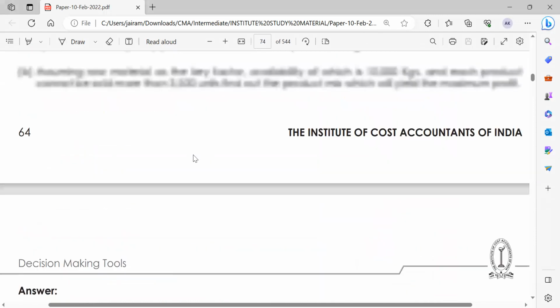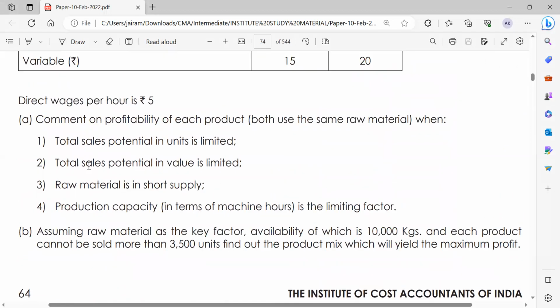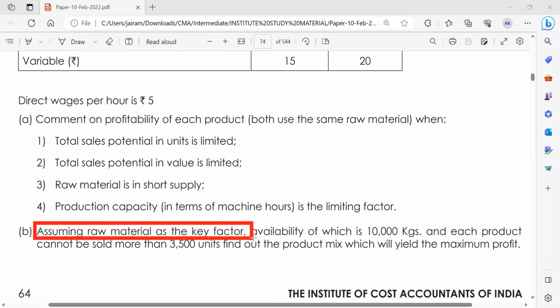Now this is one. The second one is your problem one, A part and B. They're saying, assuming raw material as the key factor. So here they have given us that raw material is the key factor, so we can already use the data for raw material as key factor, which we have calculated above.